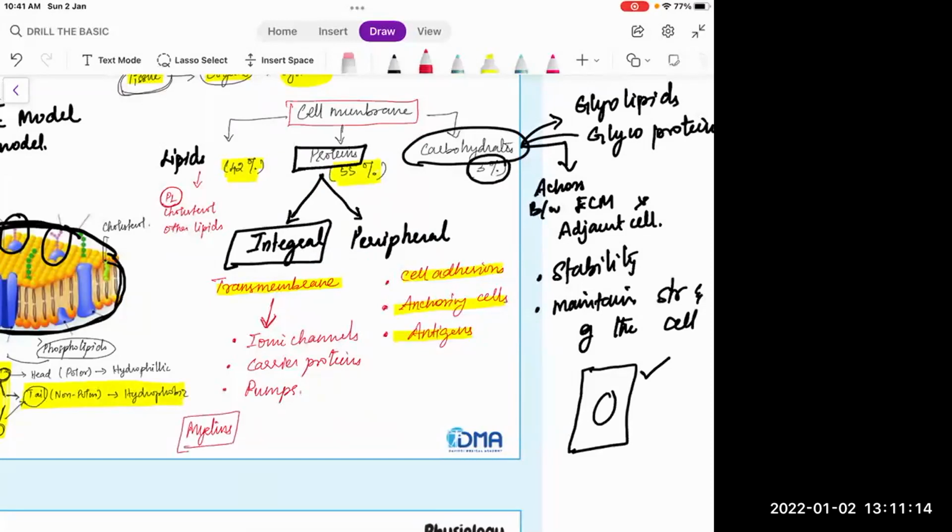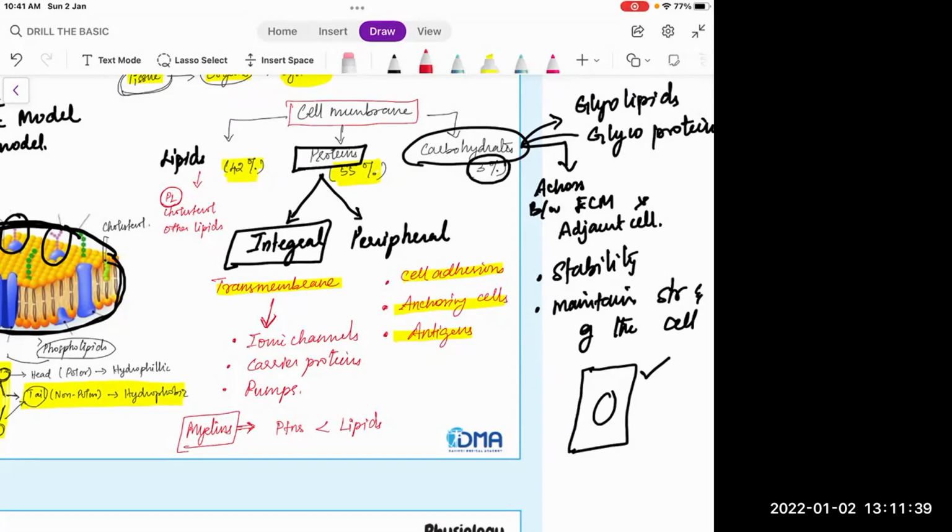The myelin sheath is the covering, insulating structure of the axons of the nerve fibers. In myelins, the protein is less than the lipids, whereas in all the other cases, the protein plays a major role.